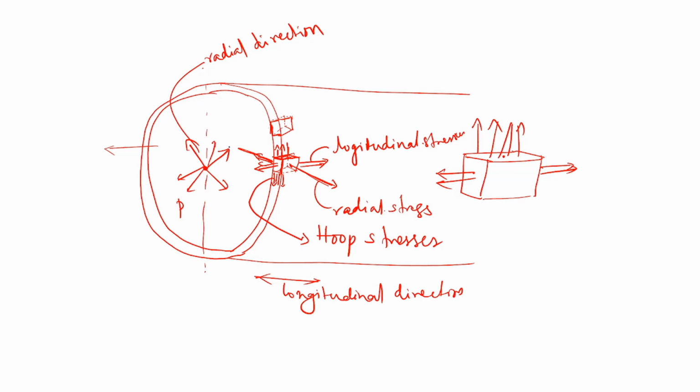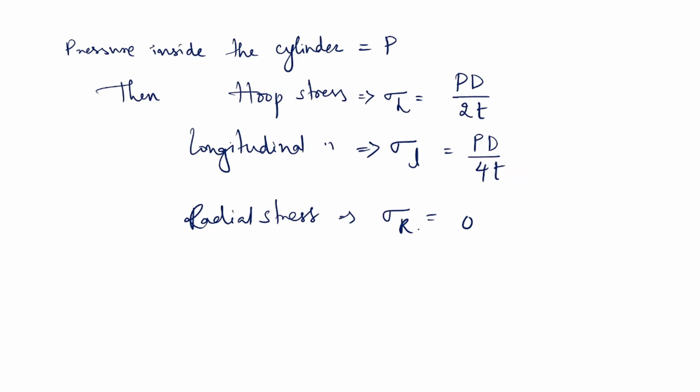What stresses develop inside the material are longitudinal stresses and hoop stresses, because there is another element above it and another element behind it. But it cannot elongate in the radial direction, it can elongate in this direction or in this direction. That's why radial stress is always 0 here.